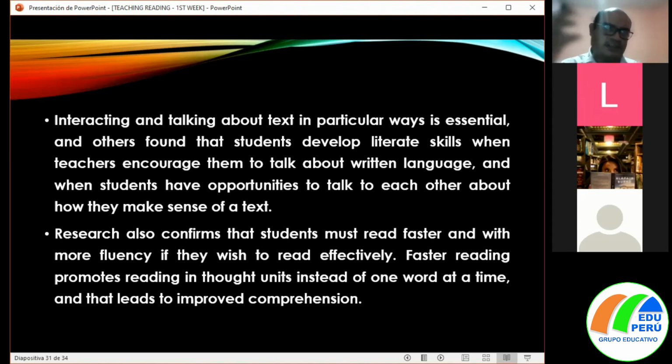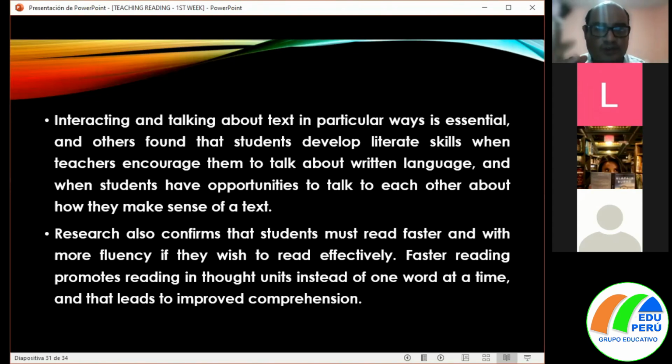All right. For example, when we talk about phonology, instead of thought units, we call this speech units. They're going to read phrases, sentences, or clauses, not word by word. All right. And in that way, they are going to improve their comprehension.